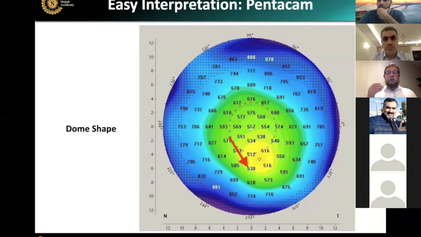We see this usually in ectatic corneal diseases, but in many cases we can see this pattern in people having chronic eye rubbing, because the hand usually comes from down temporally. So this will distort the shape of the cornea and make it mimic the dome shape found in ectatic corneal diseases. However, this is not a hallmark of ectatic corneal diseases, but it is a warning sign.